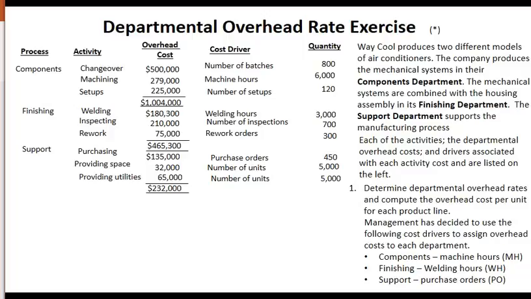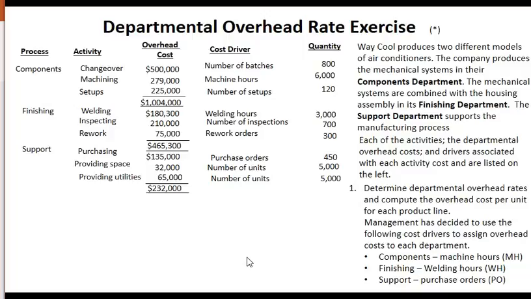Again, all the information regarding each department or process is included here: the activity, the overhead costs associated with those activities, the cost drivers associated with each activity, and the quantity of the cost drivers. In this case, the question being asked is to determine departmental overhead rates and compute the overhead cost per unit for each product line.